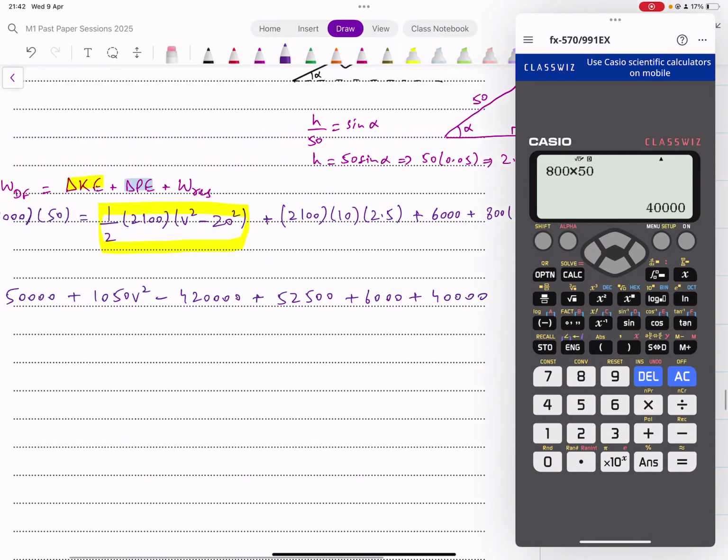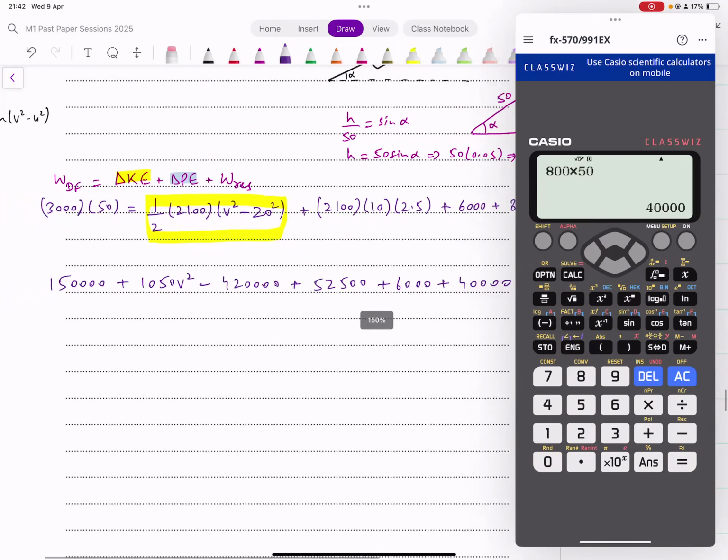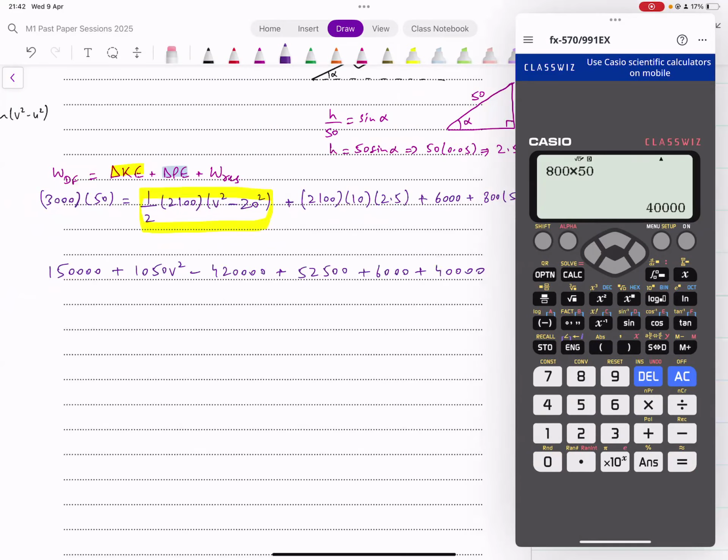And now you can find the value of v from this. This was an equation sign. You can see what that turns out to be.